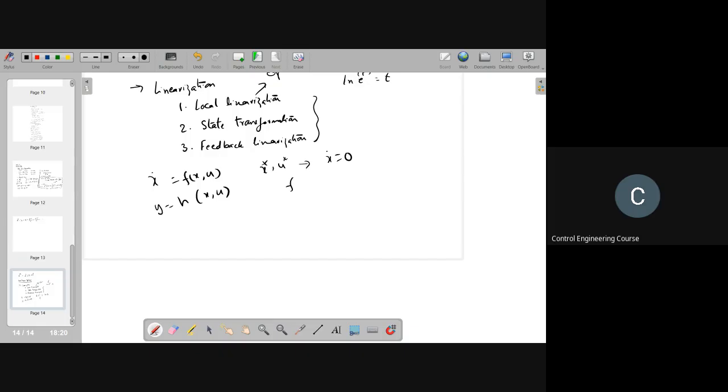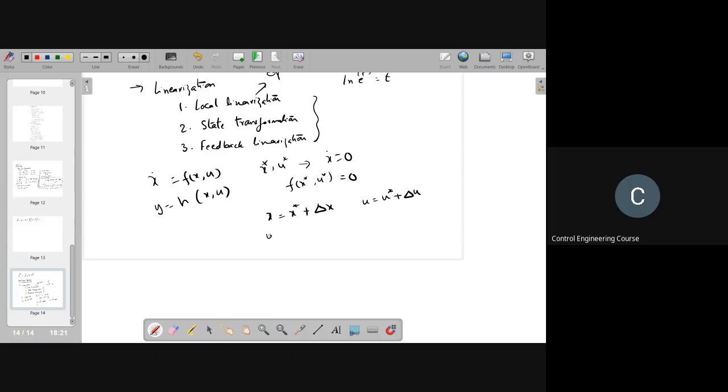That means f of x star comma u star equal to 0. Now choose a state x equal to x star plus some delta x. We are just perturbing the equilibrium point a little bit. Then u is equal to u star plus delta u.